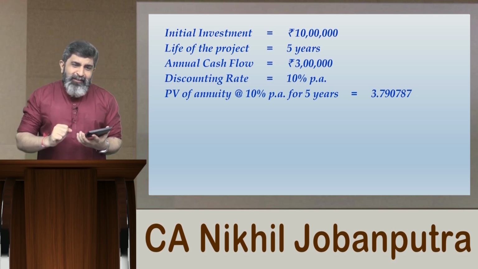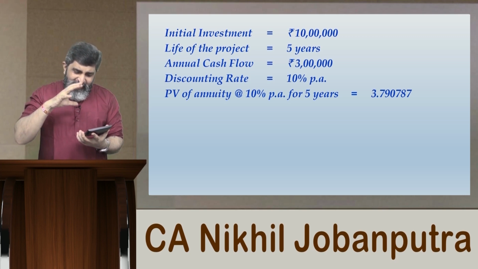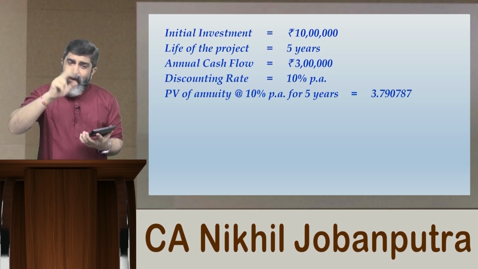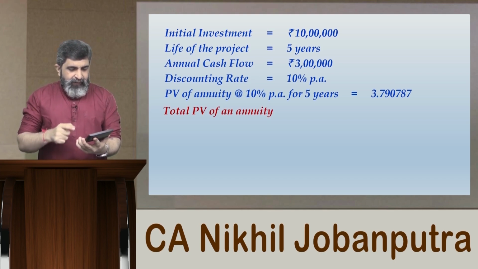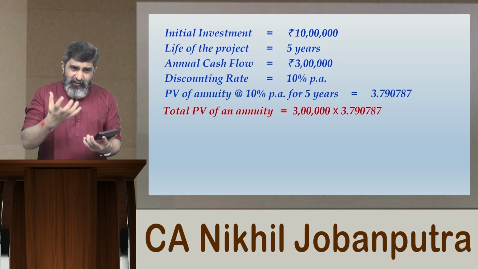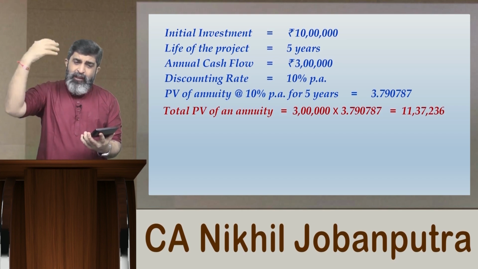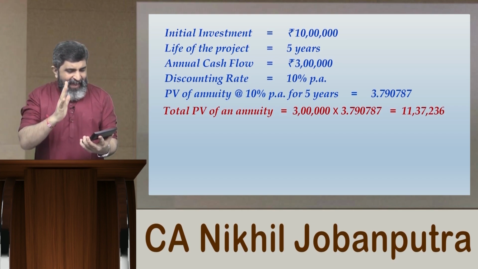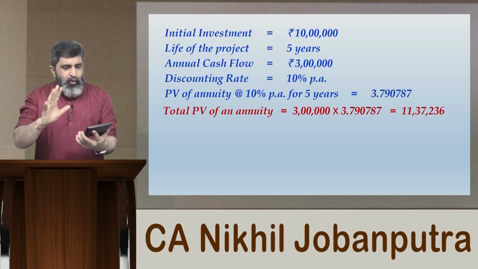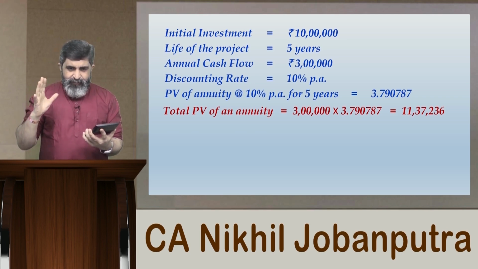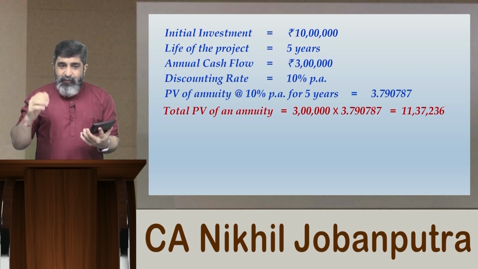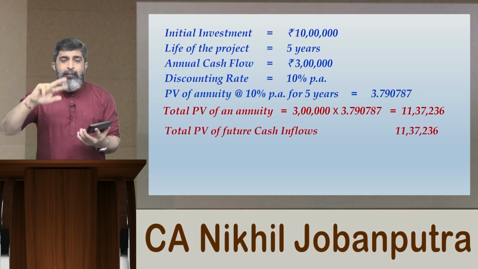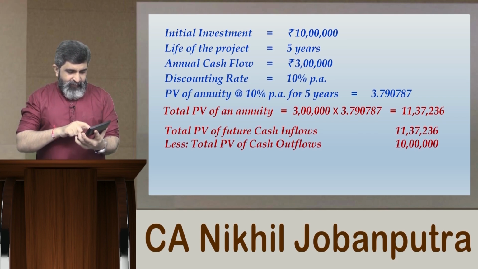You know what we do with this annuity factor? With this annuity factor, we multiply the annual cash flow. So annual cash flows were 3 lakhs every year. This is giving me a lump sum present value of all the future cash inflow as 11,37,236. That is the total PV of inflow, and the PV of outflow is 10 lakhs.